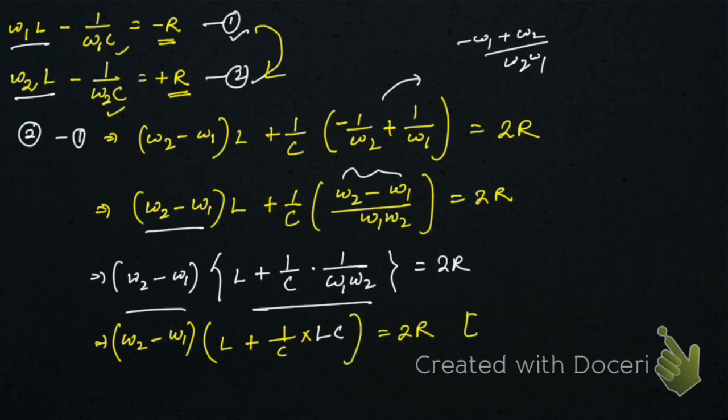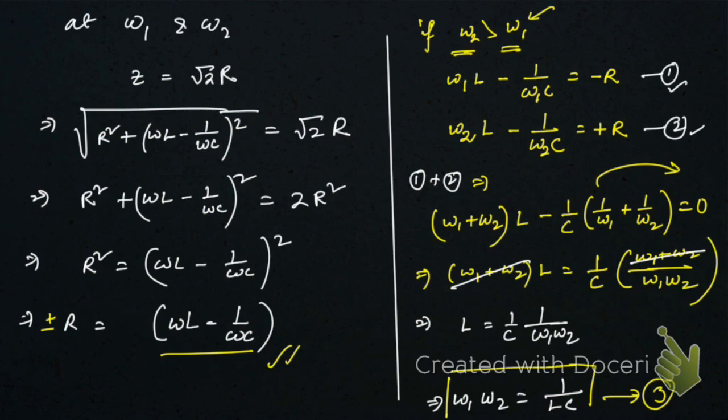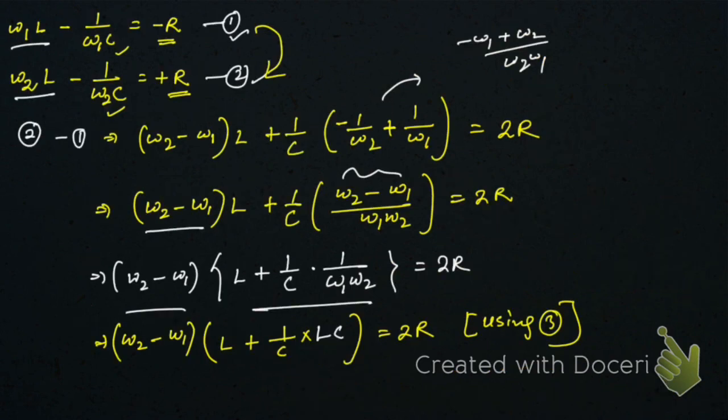What we have done here is use equation number 3, omega 1 omega 2 is equal to 1 by LC. So instead of 1 by omega 1 omega 2, we can write LC. That is what we have done here. So here C cancels.